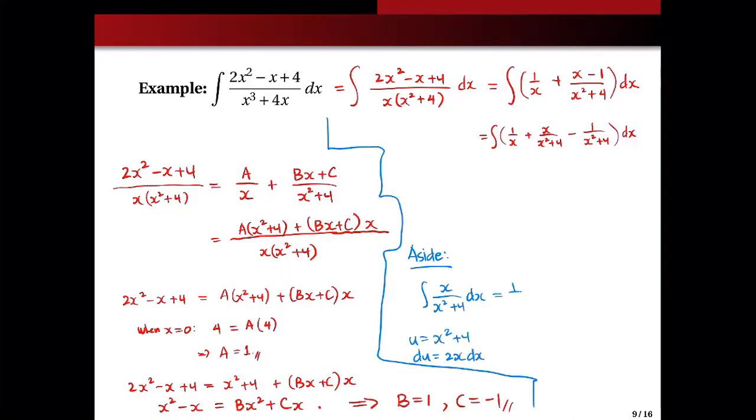So this here will become 1/2 integral of du over u. So here you will have 1/2 ln absolute value of u plus c sub 1. And then you bring back your u here.